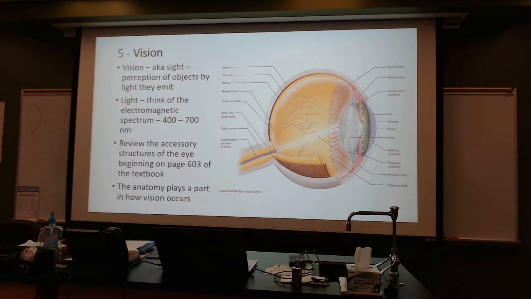Once again, your textbook is going to get into very great detail. It's going to talk about the emmetropia and all this. I'm not asking you to know that. If you were going into vision as your choice, you would definitely be getting into that.